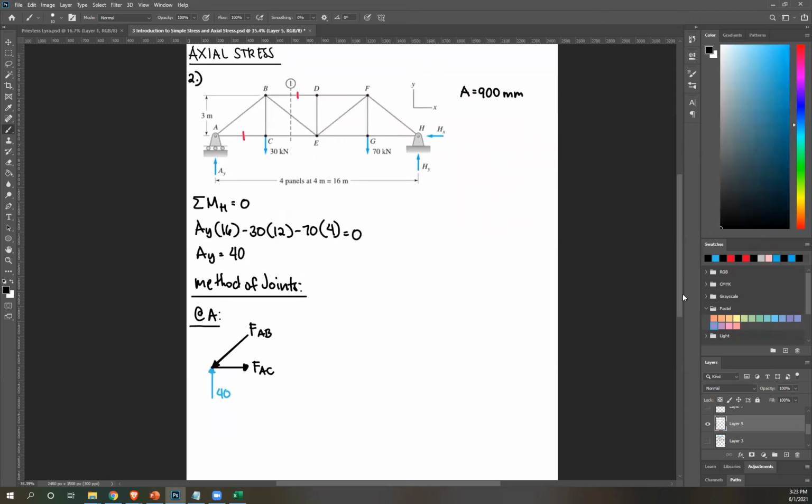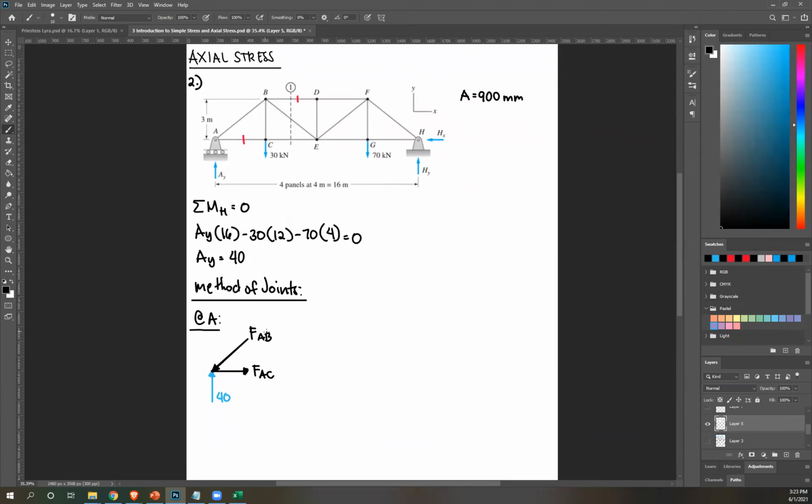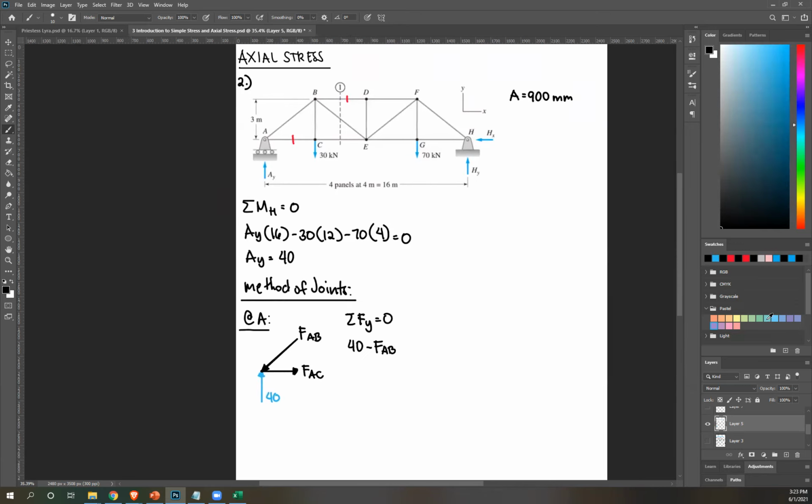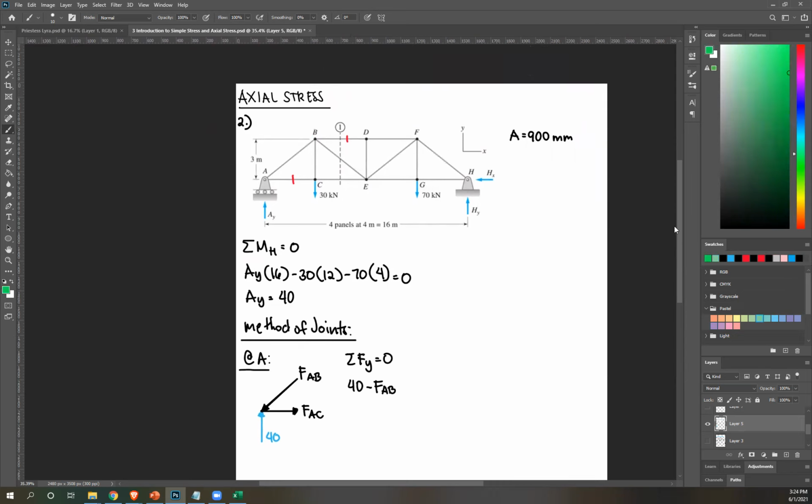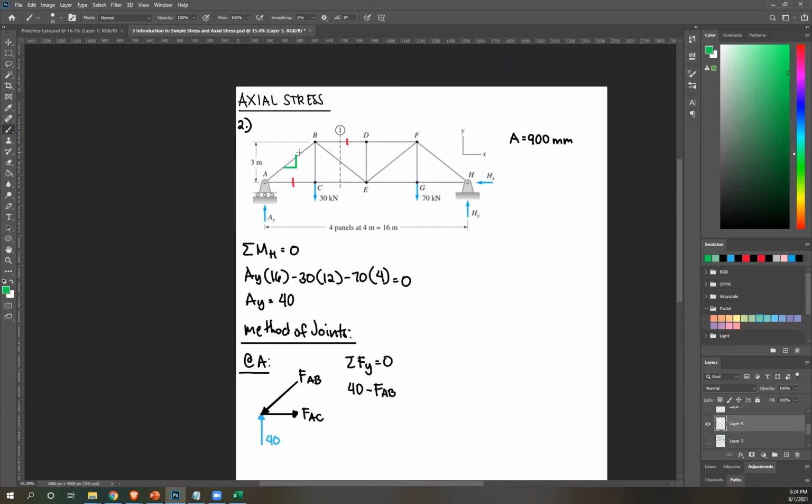Now create your equations. To solve for FAC, I need to solve for FAB first, right? So to solve for that, let's use summation of forces Y equals 0. Let's start with 40. 40 is upward, therefore positive. Next, FAB is downward, therefore negative FAB. Now, there's no angle given, so we need to figure out its slope.